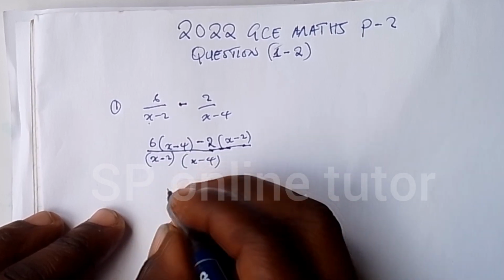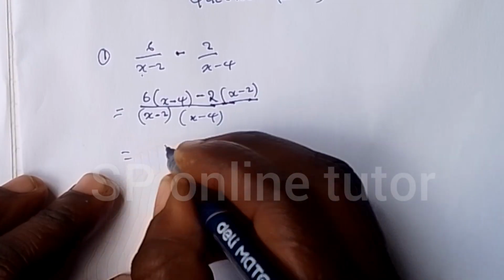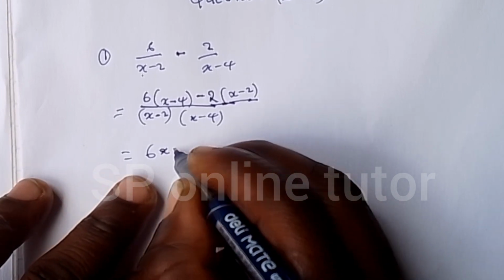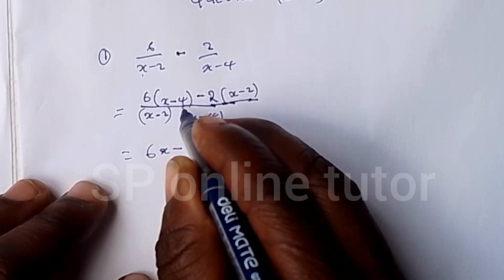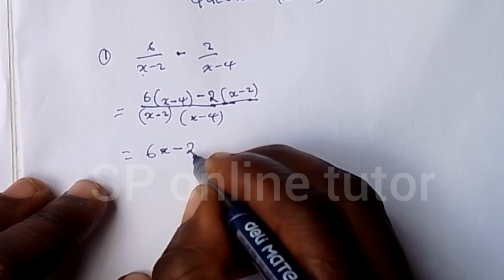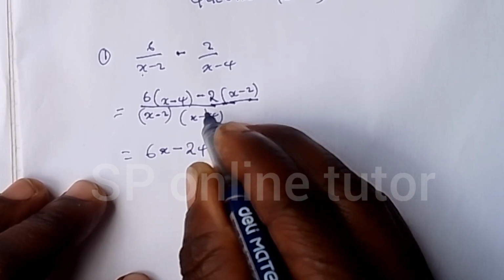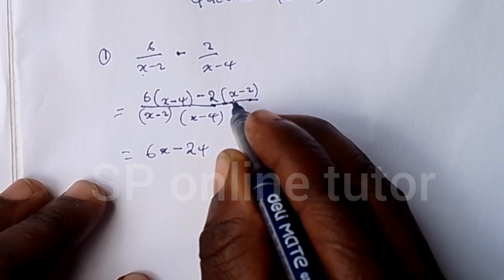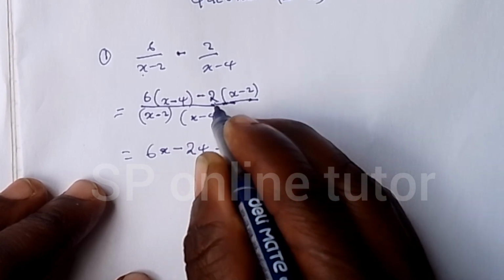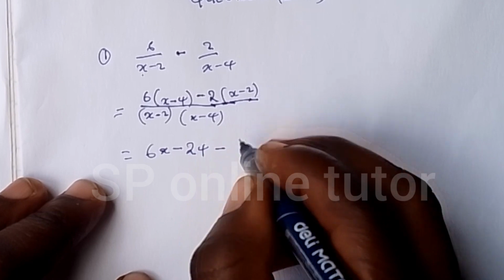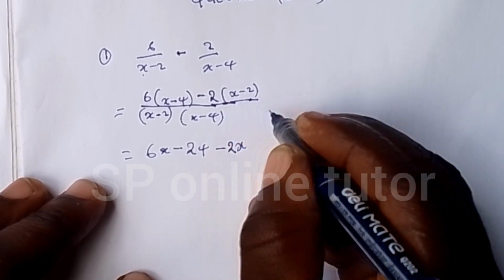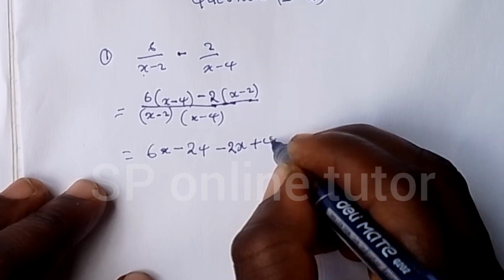6 times x, you're going to have 6x, minus 6 times the 4, we are going to have 24. We are done here. Then minus 2 times x, you are going to have minus 2x. Minus 2 times minus 2, you are going to have positive 4.